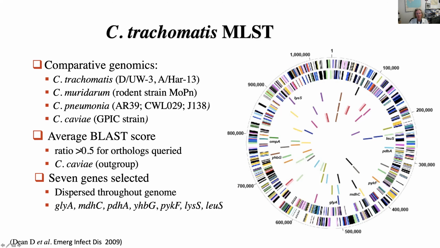But we used a BLAST score ratio of greater than 0.5, and C. caviae, which is a guinea pig species, as the outgroup, and we identified 7 housekeeping genes that we could use for our MLST scheme. And they're listed here. This is a circular form of the genome, and I just include MOMP for your reference in terms of where that is in the genome.